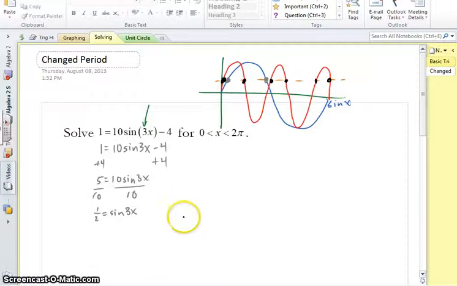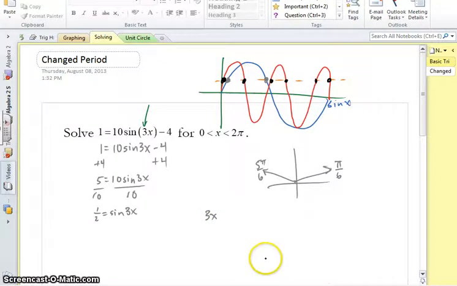And we know that sine has a value of a half when, on the unit circle, we look at pi over 6 and 5 pi over 6. So what I'm going to do is say, well, I know that 3x can be 5 pi over 6, or 3x could be equal to pi over 6, which means that x should be 5 pi over 18, and that x should be pi over 18.